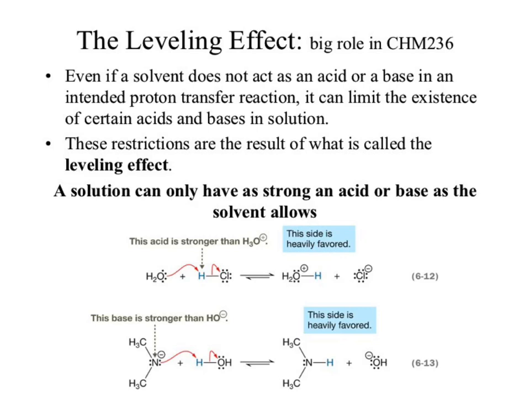So if I'm going to run a reaction in a water-based solvent, I will not show HCl doing any acid-base chemistry. What I will be showing is the hydronium ion doing the acid-base chemistry. Why? When I add the HCl to the water, it reacts with the water to form hydronium. The hydronium is now the active species doing chemistry.